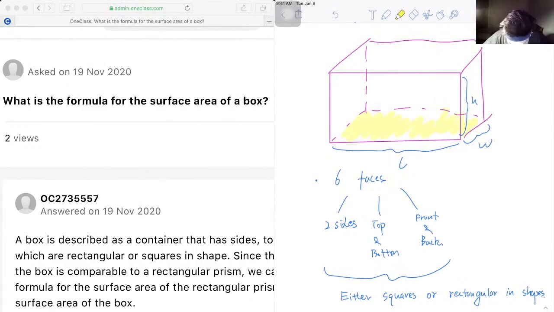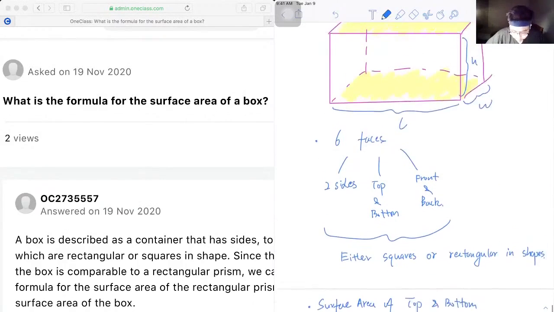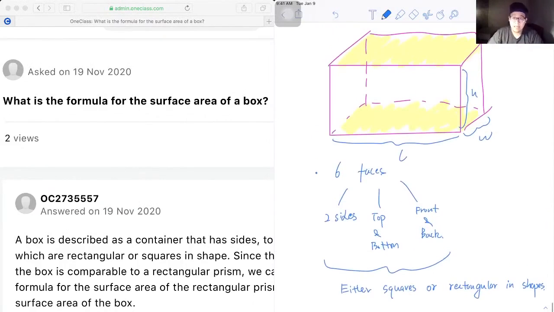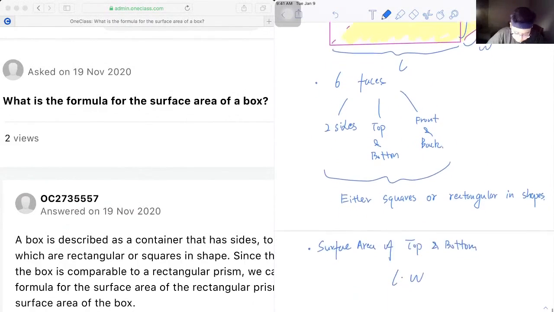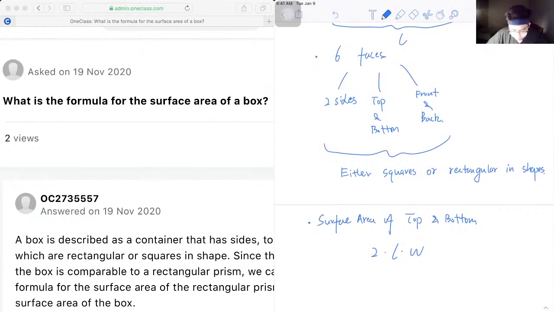The bottom part is right here, and we have the top part. So that will be L times W. And remember, we have a top and a bottom, so there are going to be two pieces of area. So we need to times 2.